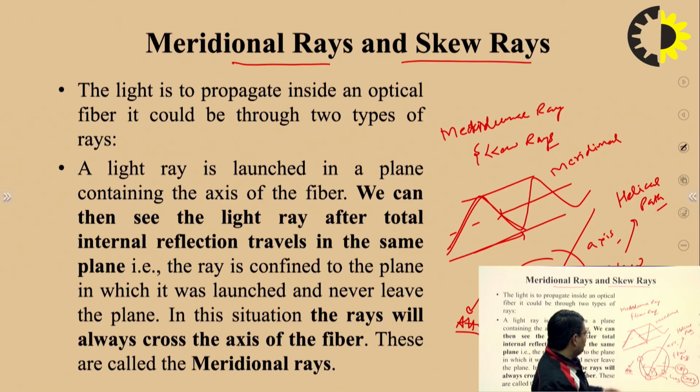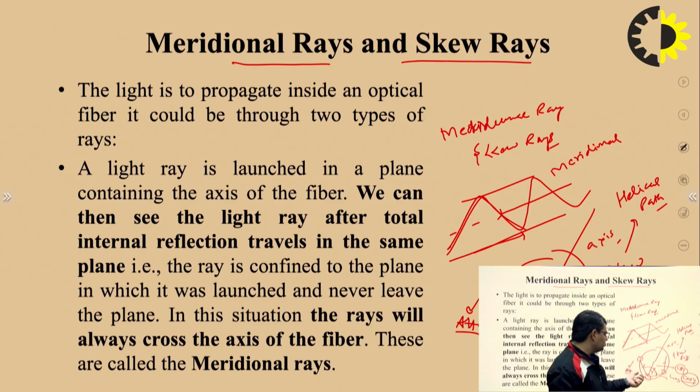That is, the meridional ray cuts or passes through the axis of the fiber, whereas the skew ray follows a helical path and does not cut or pass through the axis of the fiber. Comparatively, more distance is covered per reflection by the meridional ray, whereas in the case of the skew ray, the distance covered per reflection is less. In the meridional ray the number of reflections is less, so attenuation is also less.